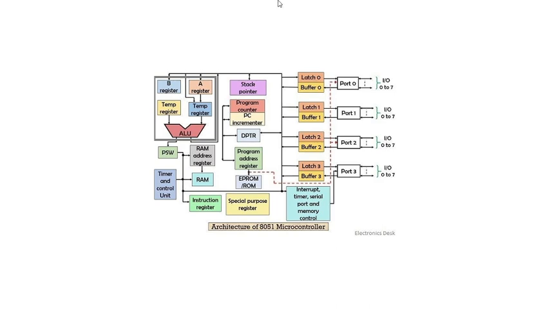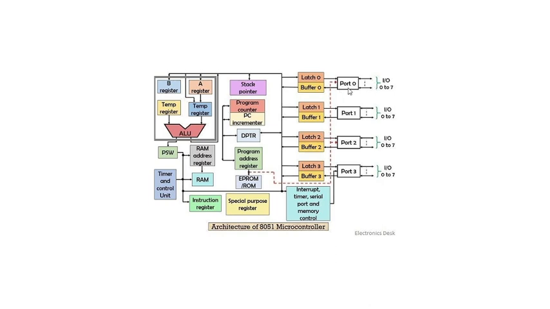8051. This is the block diagram of the 8051. It has the CPU, the central processing unit, which consists of the ALU and some registers, all associated with some more registers. It has random access memory and read-only memory, and latches and buffers are used to drive all the register information through the ports.